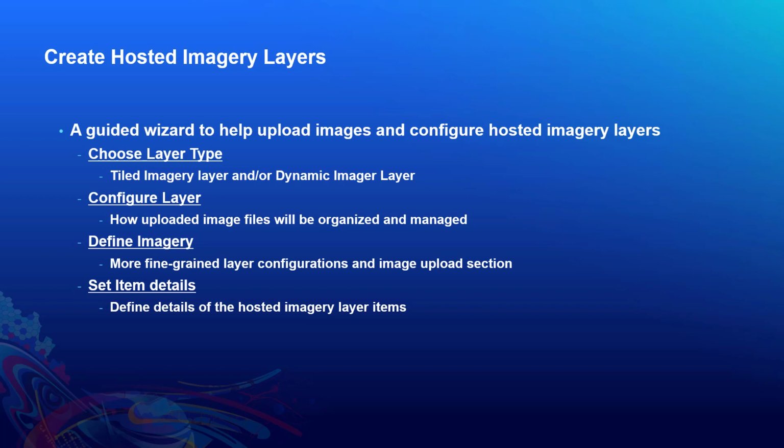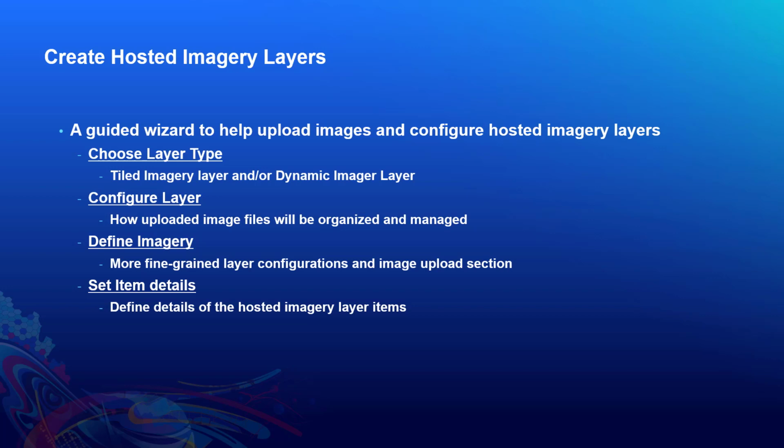The next step will ask you to select how the uploaded image files will be organized and managed. For instance, I have a collection of images, and I want to use the traditional mosaic dataset technology to organize everything and access each of the rasters as a collection.